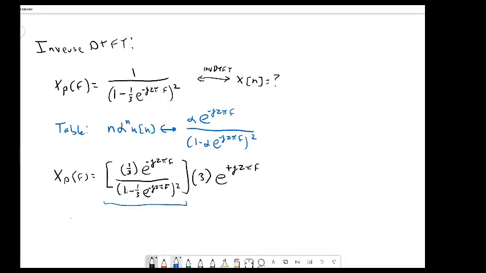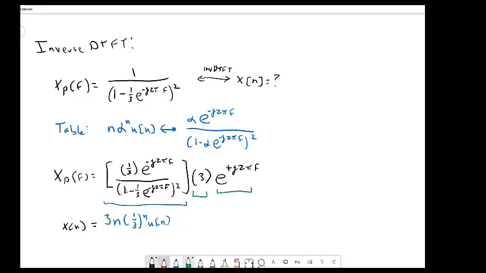This part's going to give us an x sub n that's going to transform to some n times 1/3 to the n u of n. This part tells me to multiply the whole thing by 3.